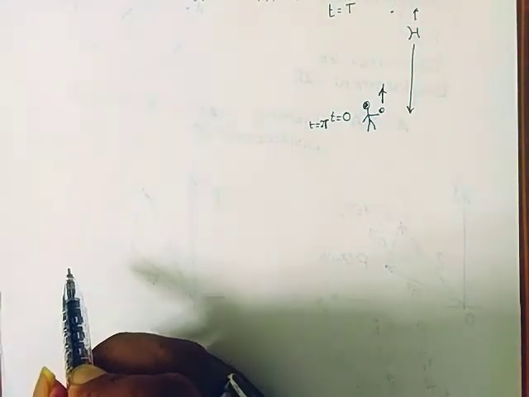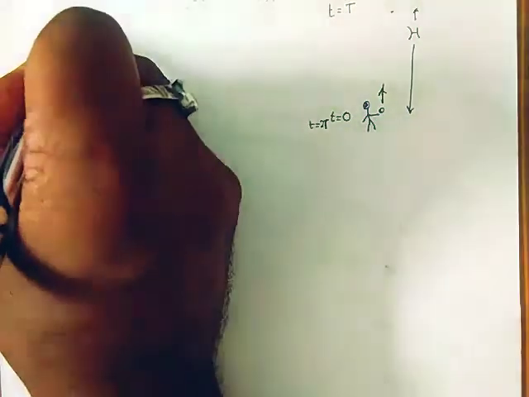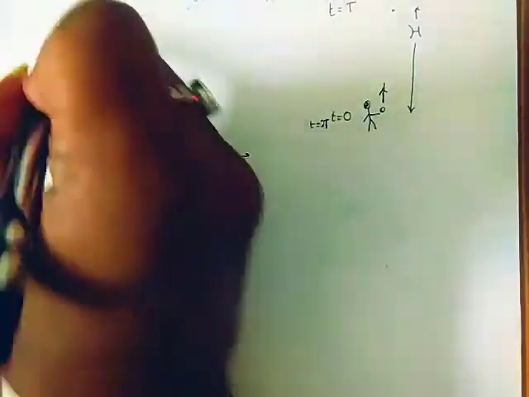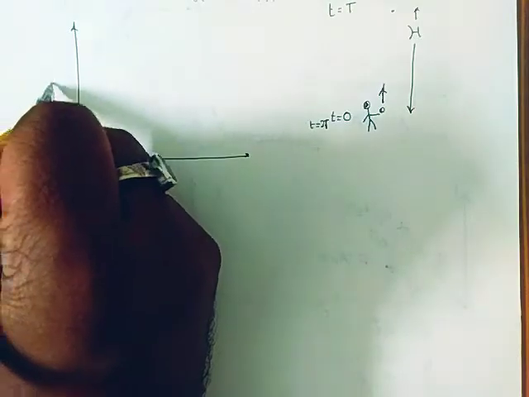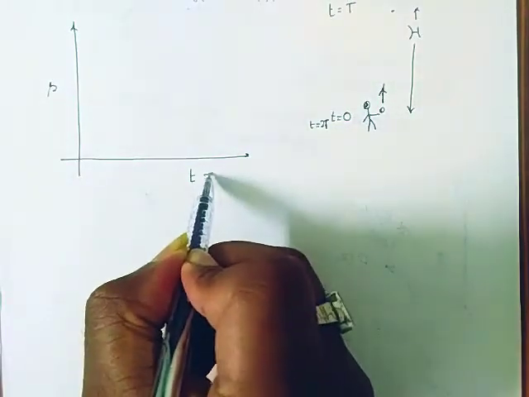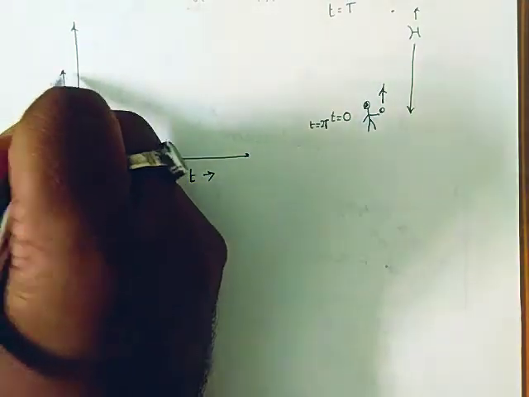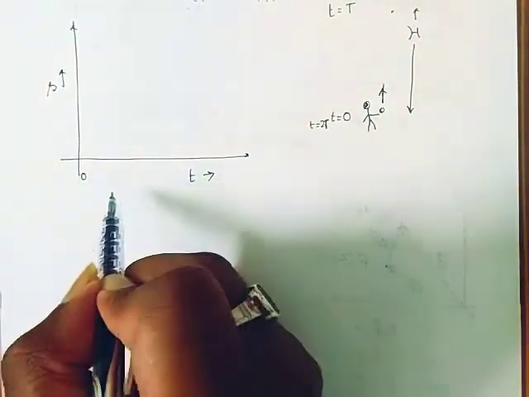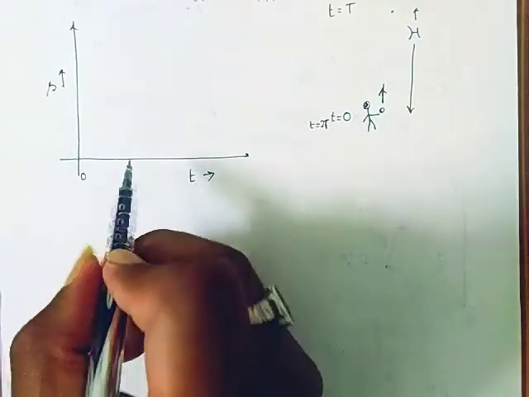So if I want to draw the distance, that is s versus t, it is not a vector quantity, so it is following the distance. When t equal to 0, it is in his hand.